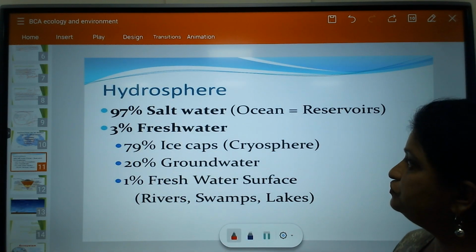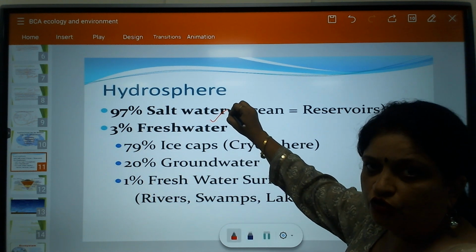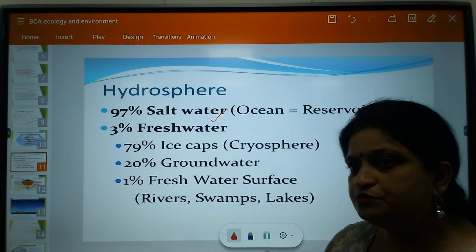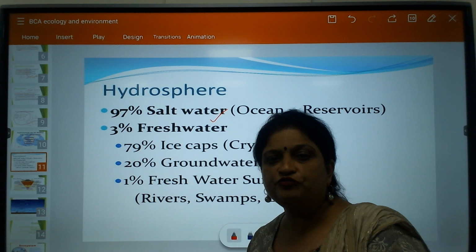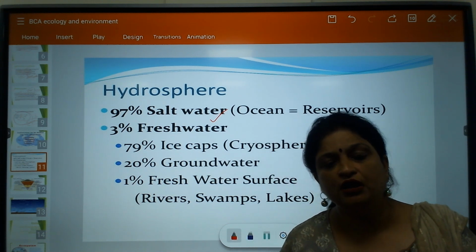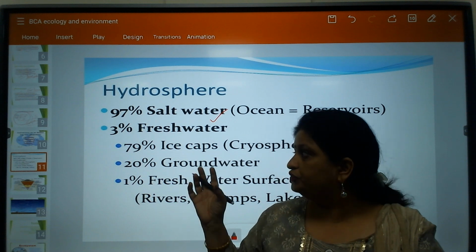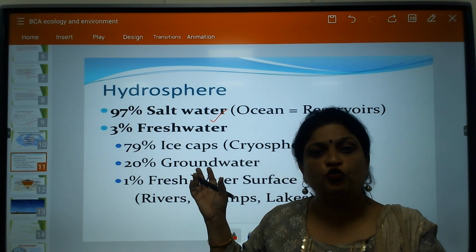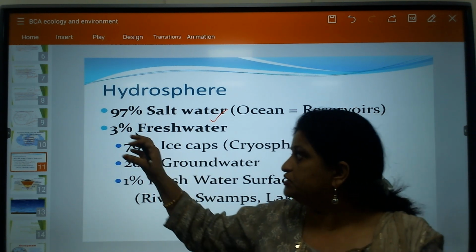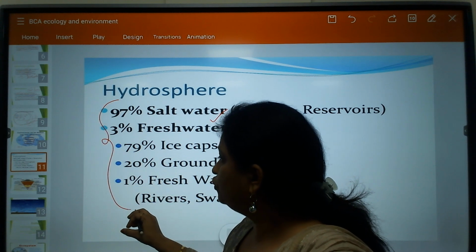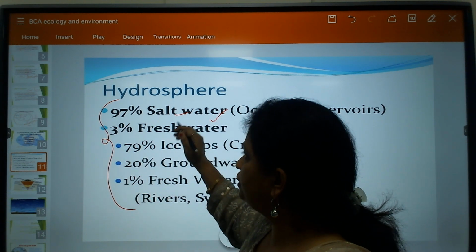That is hydrosphere, 97% salty water. For each of these spheres we have to study their distribution on the earth, how they contribute and what their importance is. So this is the distribution of water on the earth, salty water and fresh water.